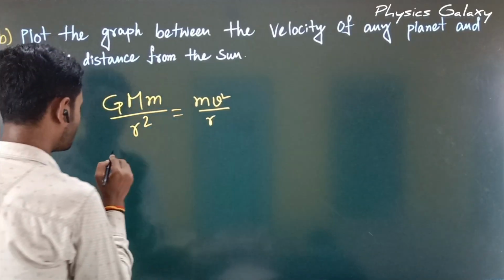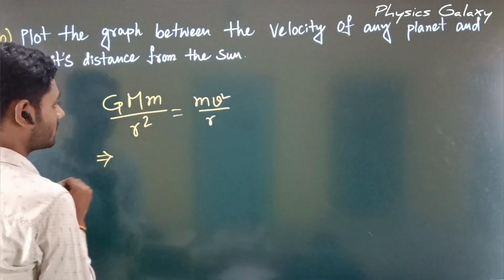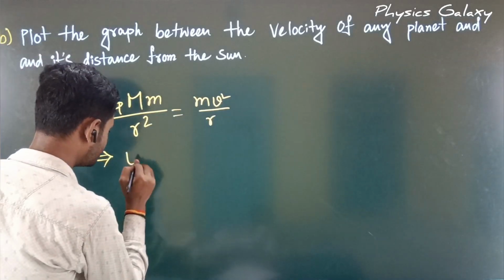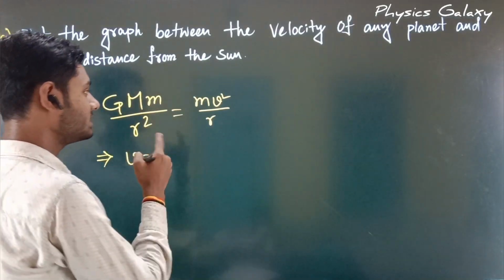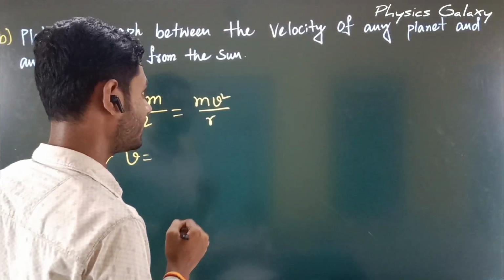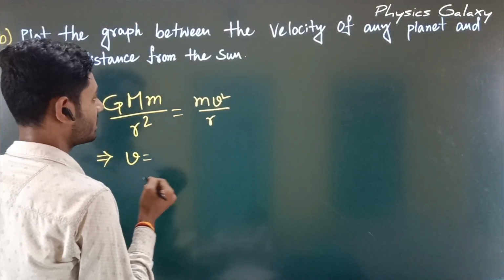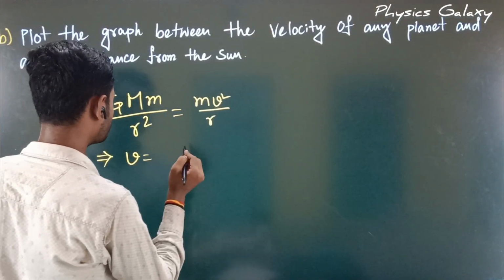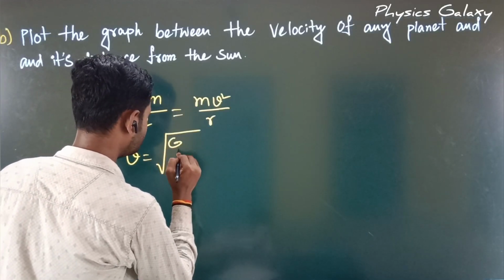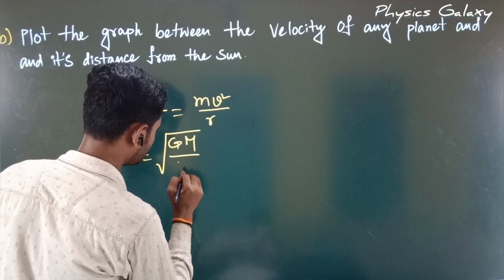So from here, v, the velocity of any planet, is equal to under root of G M by r.